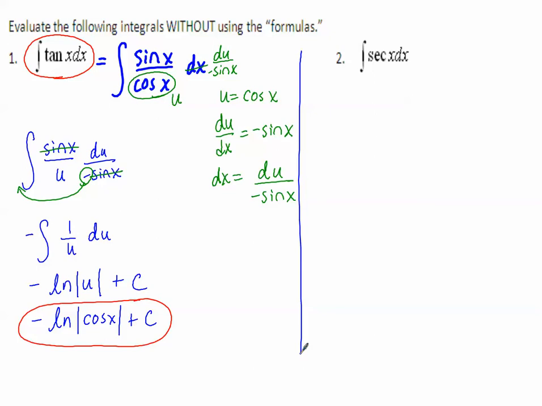So here we are in number 2, and I'm probably going to give myself a clean page for this. So here is what we're starting with, the integral of secant of x dx. And I am thinking about where I'm headed, and I'm multiplying secant x by secant x plus tangent x over secant x plus tangent x.